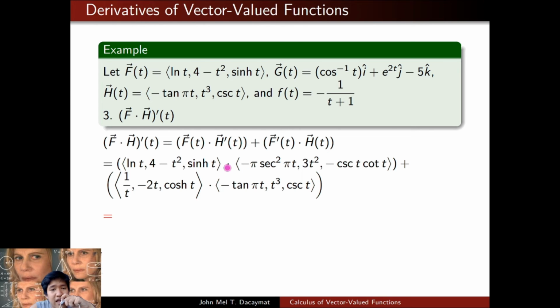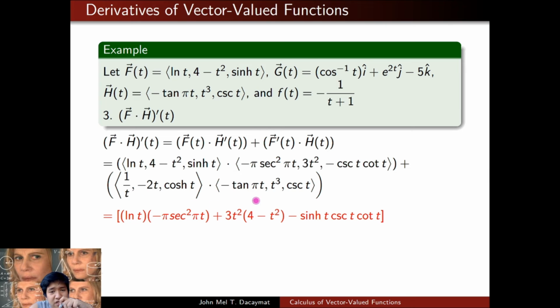So, doing that, pag dinot product ko to, again, dot product, you just multiply component-wise, no? Multiply the first components plus product of the second components, this one times this one, plus product of the third component, so sinh t times ito.